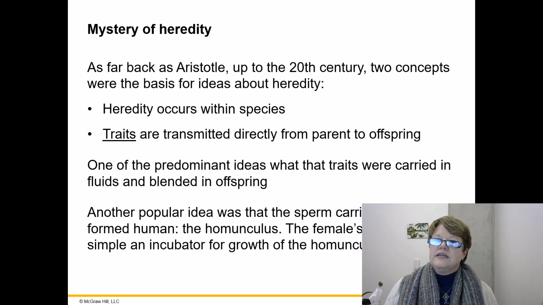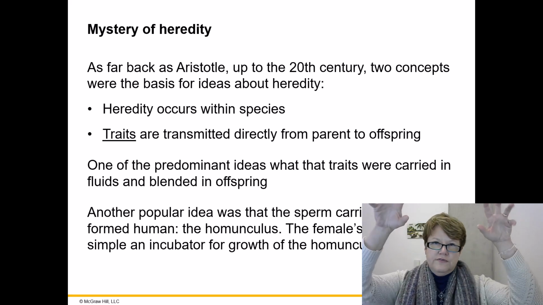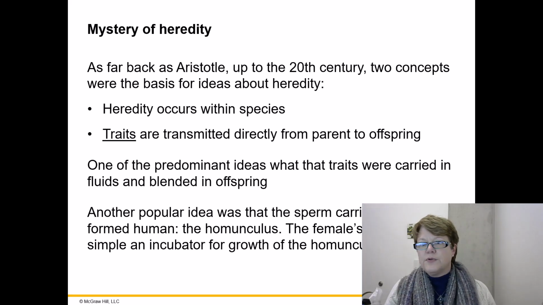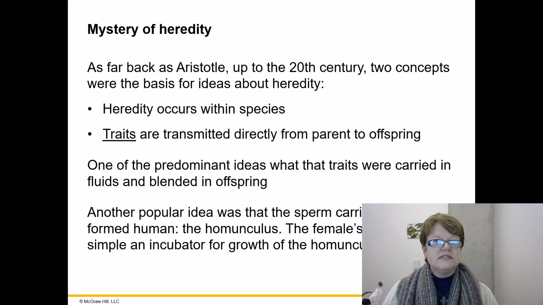There was also an idea that traits were carried in some kind of fluid that was drawn into the egg or sperm at the moment of conception, so that there was some kind of blending, like paint blending together between two parents. And we're going to see pretty quickly that that concept doesn't really work when you start testing things scientifically.